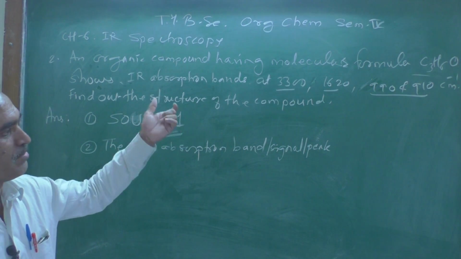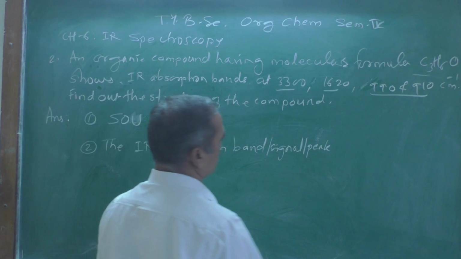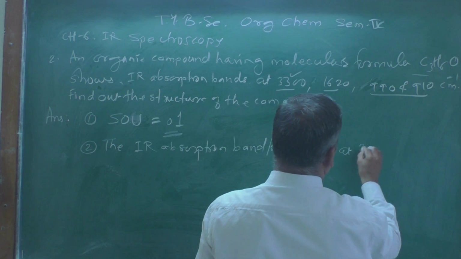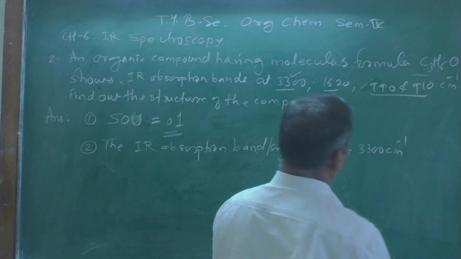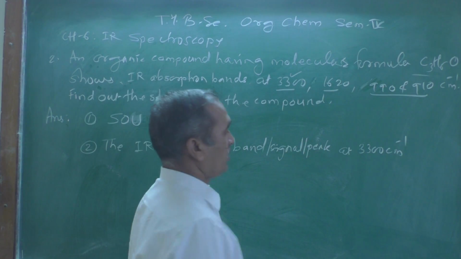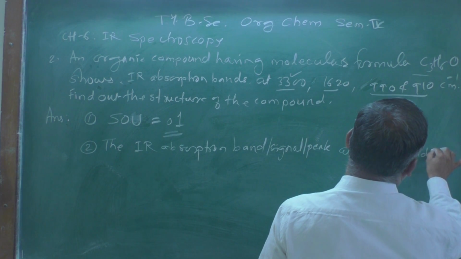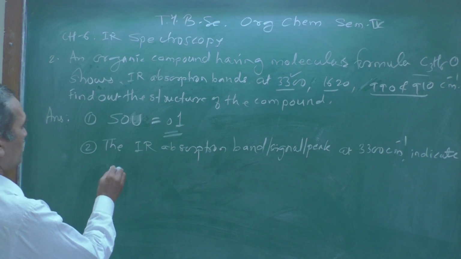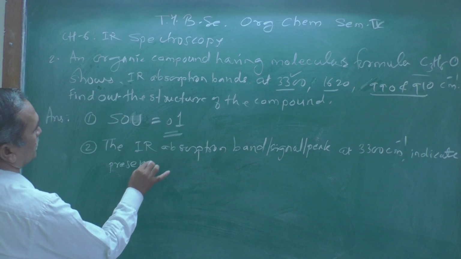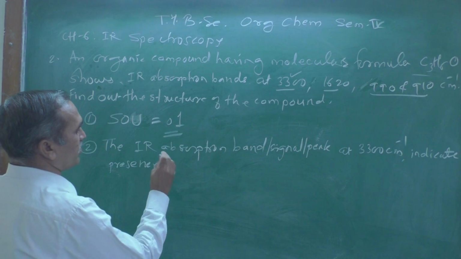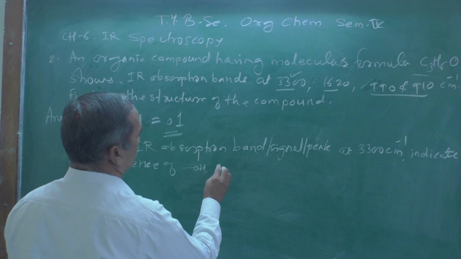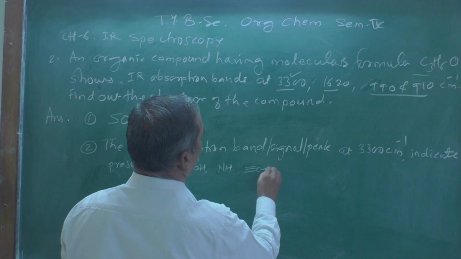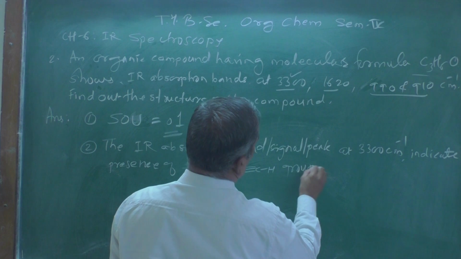The IR absorption band, peak or signal at 3300 per centimeter indicates, or shows, or suggests, the presence of, as we know, OH, then NH, then triple bond CH groups.